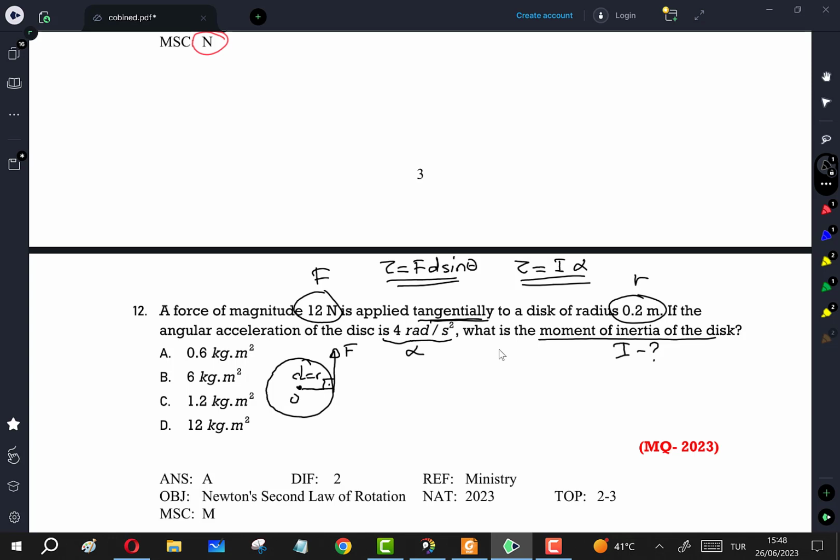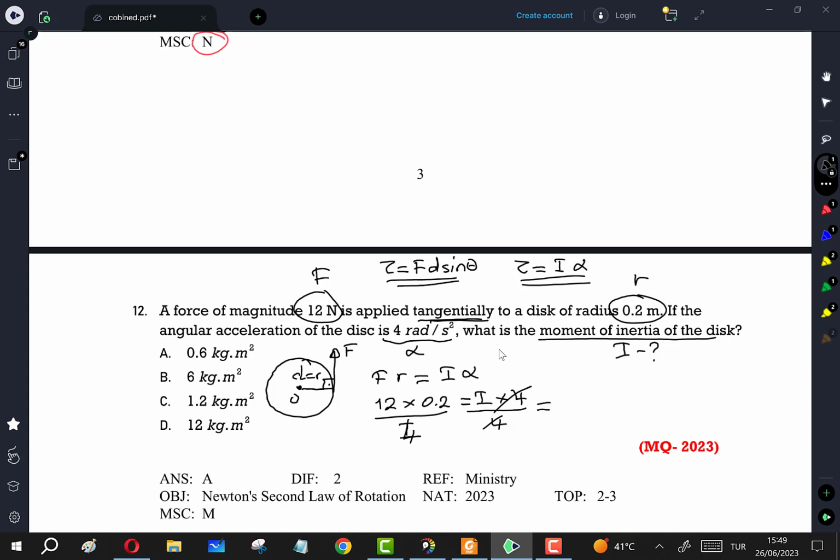So after that, instead of F times D, I am going to write F times R equal to I times alpha. F is 12, radius is 0.2, I is the question, alpha is given in the question as 4. The rest is to simplify 4 to get I.